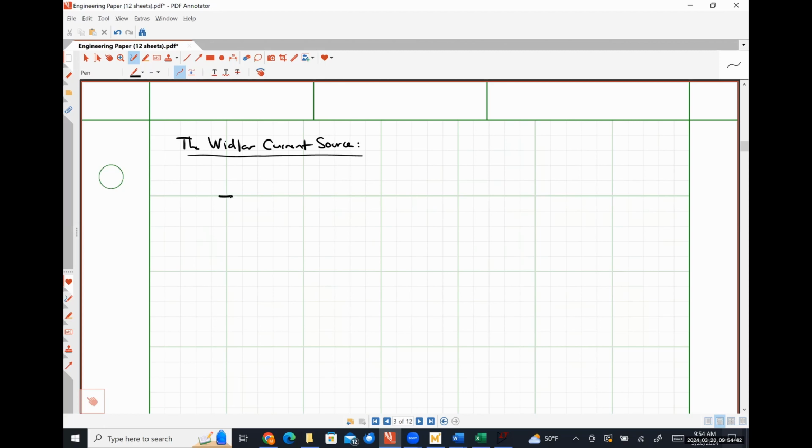So the Widlar current source looks something like this. Here's our copy current.